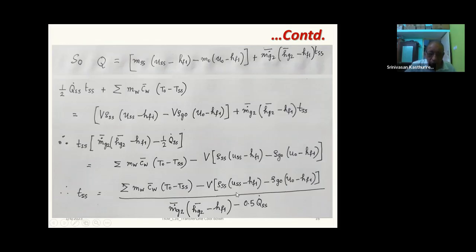The whole thing is divided by m dot G2, that is the gas flow rate coming out. Hg2 average value minus Hf1 minus 0.5 times Q dot SS. So Q dot SS is the steady state heat load into the system. All these parameters are known, so from this we can determine what is TSS.